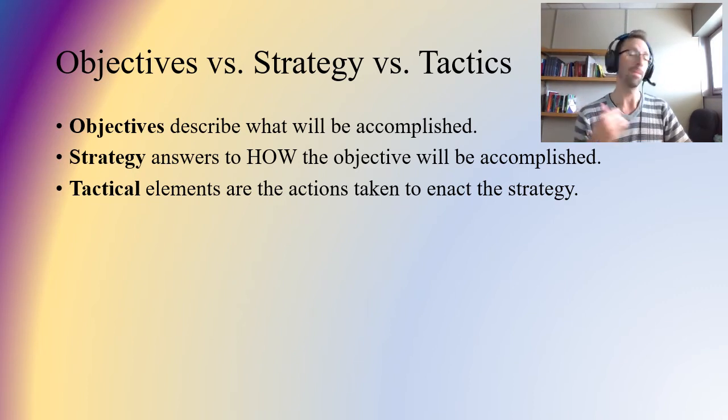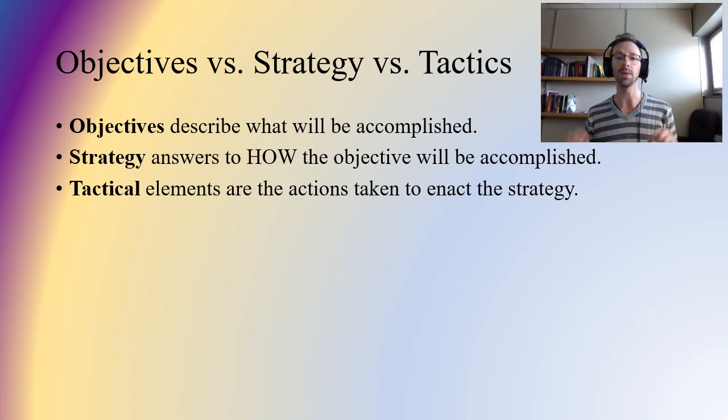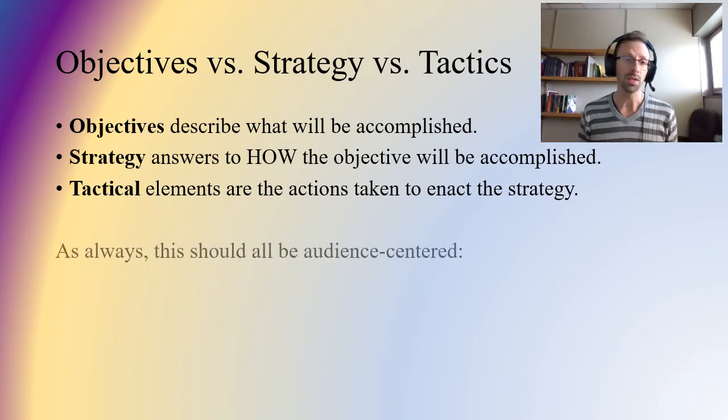That's the I'm going to use pamphlets, I'm going to hold a workshop, and then even sub-tactical elements, right? I'm going to call my senator first. I'm going to call this coordinator to see if they'll do a workshop, right? Those are all tactical elements, and we'll get to that in terms of enacting the plan. But for now, I want to make sure that we are clear that all of these are different components. Some of them are smaller, some of them are bigger. They're all interrelated, and hopefully we can make better sense of that.